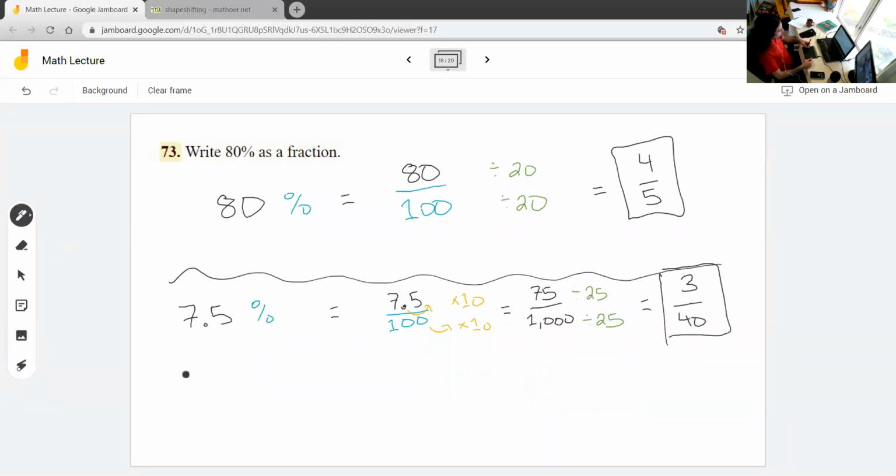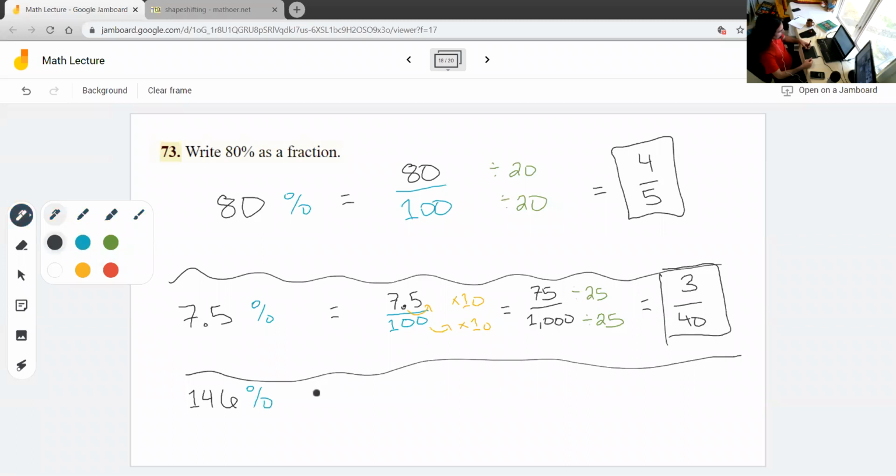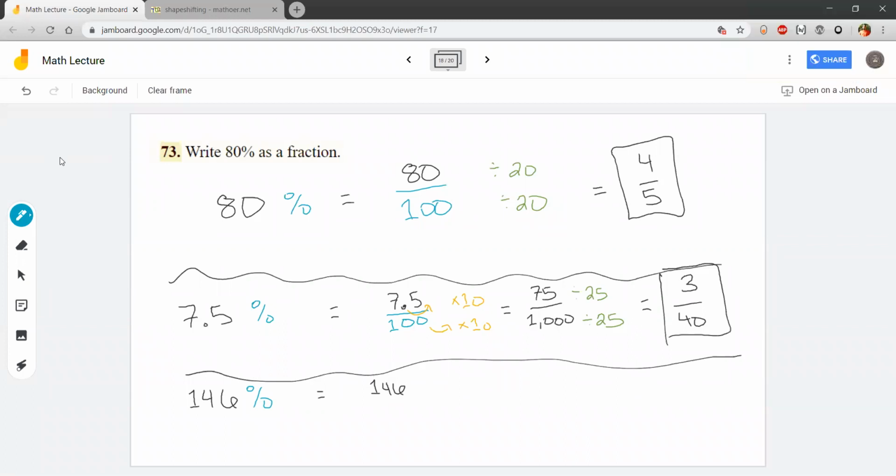What if we did 146%? How would I write that as a fraction? I would take the 146. What's my next step? Would it be the 100?